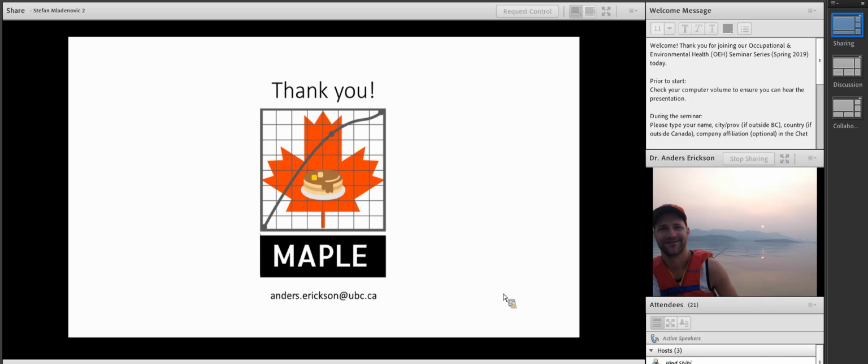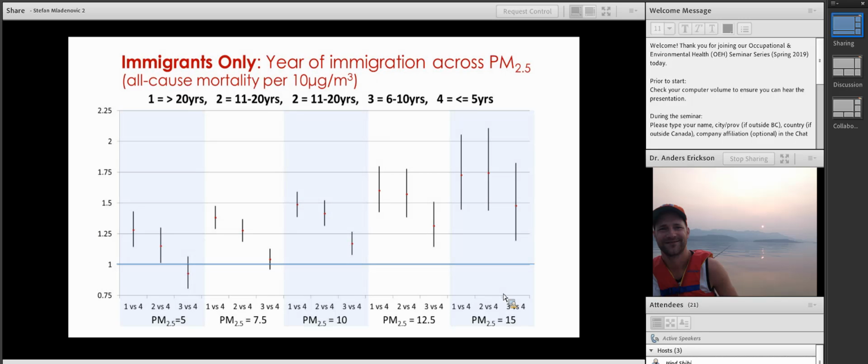Well, my title might not be super accurate either, because actually you're seeing that air pollution doesn't seem to make much of a difference.